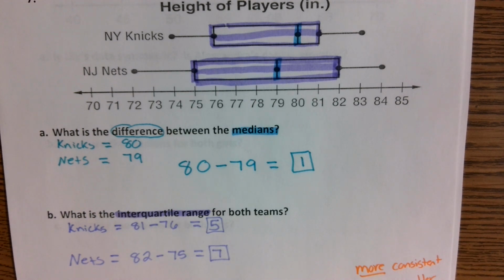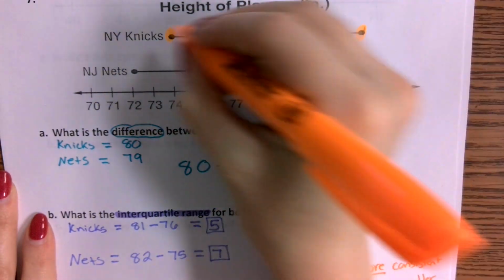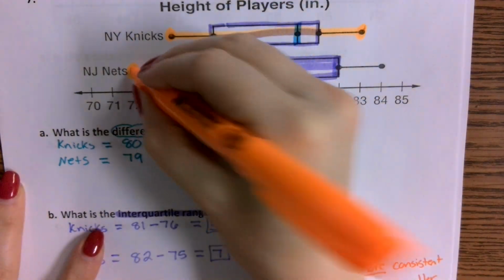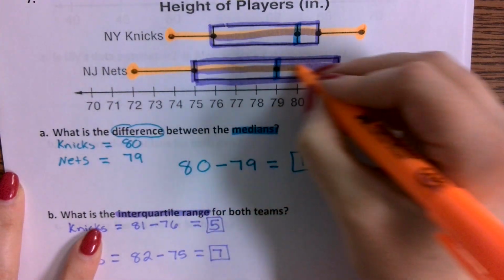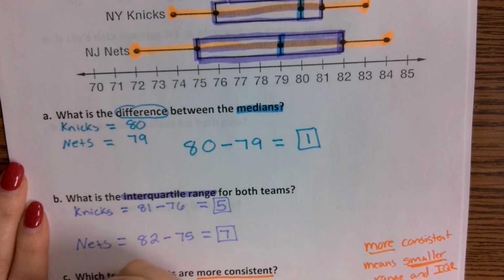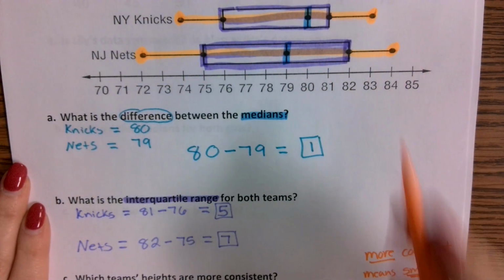Remember, range is the entire spread of the data set, starting at your smallest and going to your largest. That's what we mean by range, starting at your smallest value and going up to your largest value. So for the Knicks range, we started at 74 and went to 83.